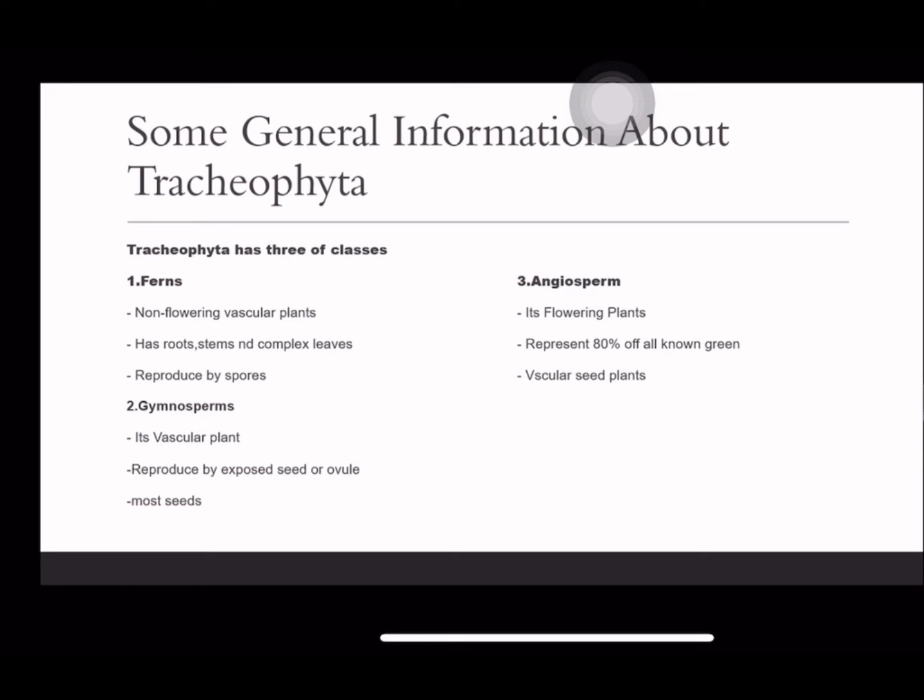First, ferns, gymnosperms, and angiosperms. Ferns are non-flowering vascular plants that have root, stem, and complex leaves, reproduced by spores. Gymnosperms are vascular plants reproduced by exposed seeds or ovules, mostly seeds. Angiosperms are flowering plants, representing 80% of all known green vascular seed plants.